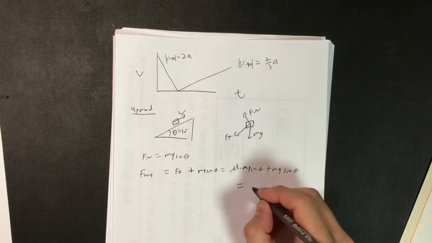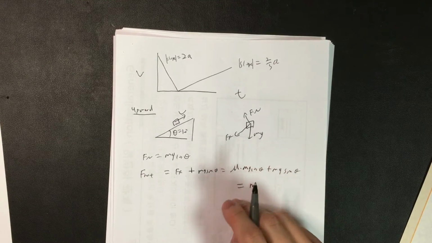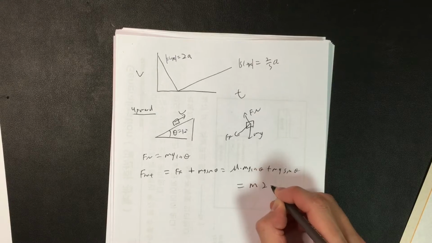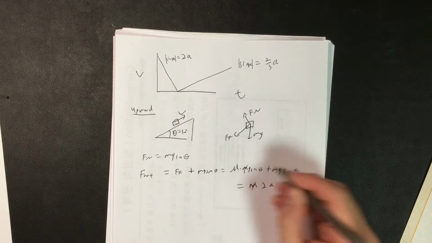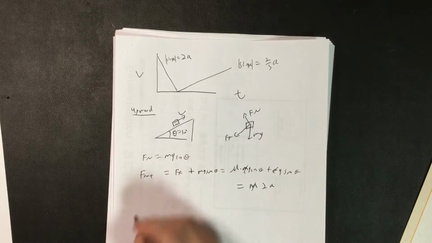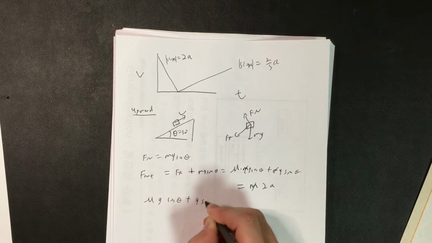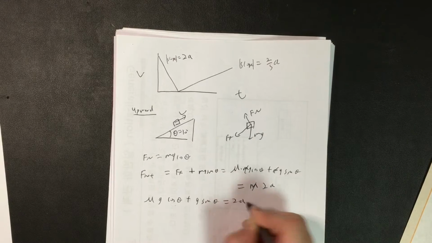And in this case, this equals mass times acceleration, in which the acceleration equals 2a. So therefore, this equals mass times 2a. Canceling out the m, I get mu g cosine theta plus g sine theta equals 2a.